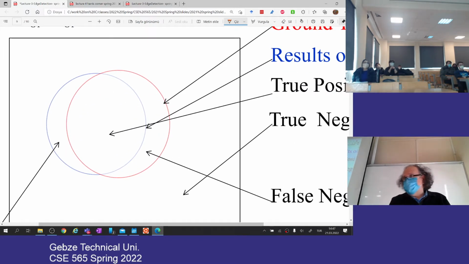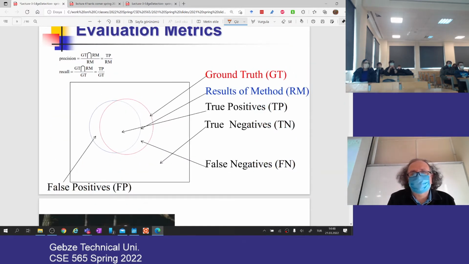In a perfect world, I expect the red circle and blue circle to be exactly the same. Their centers are the same, their radius is the same, but we are not living in the perfect world. So there will be some differences. First, we like this area. This is the area where whatever we say is correct.